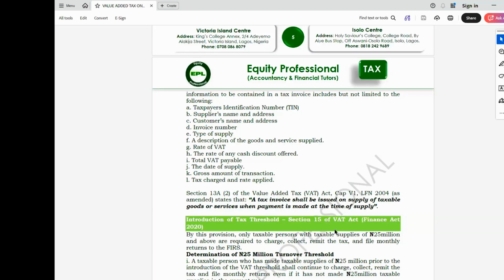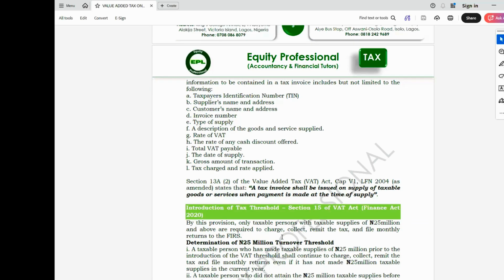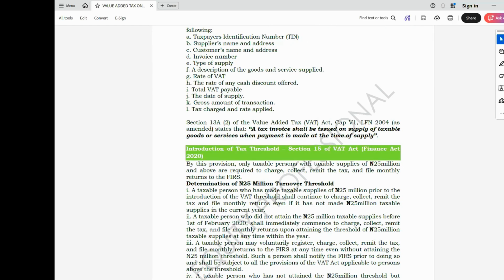value-added tax to FIRS. So when this law came up, there is a way to determine the taxpayer that is going to fall under this threshold. Why? Because if we are now in February, I don't know what is going to happen.